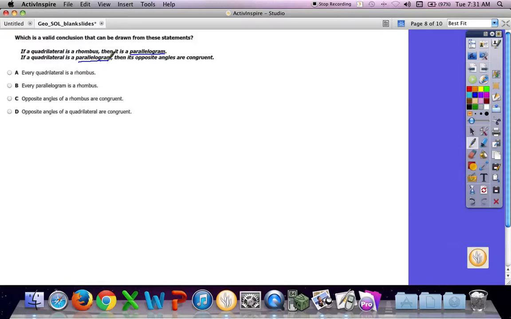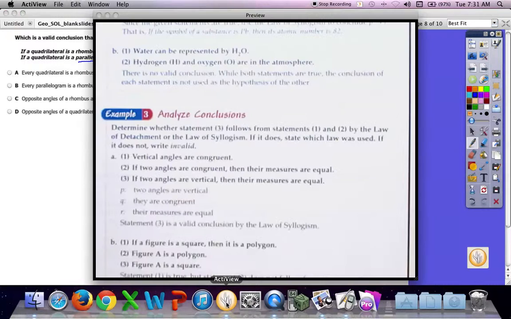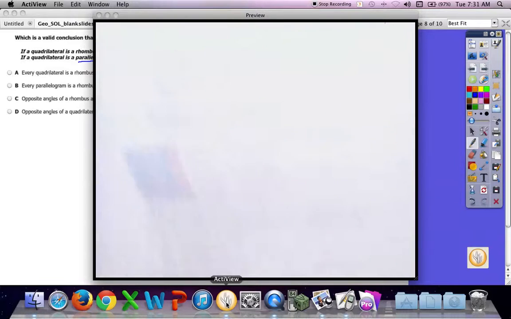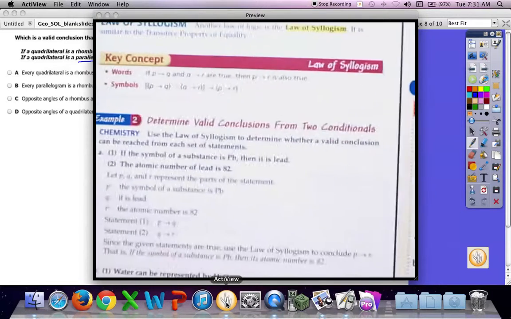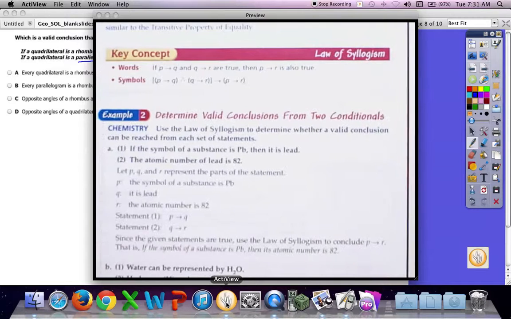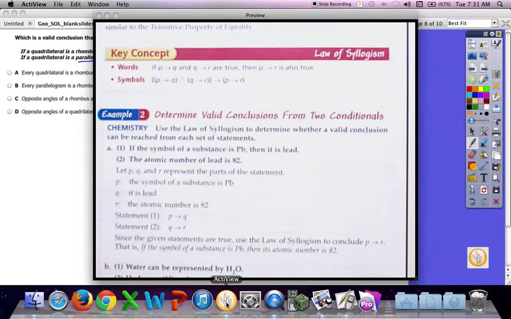And I am looking in my book right here. The law of syllogism: if P then Q, if Q then R, then if P then R.